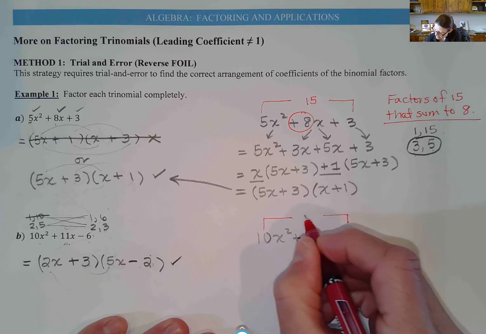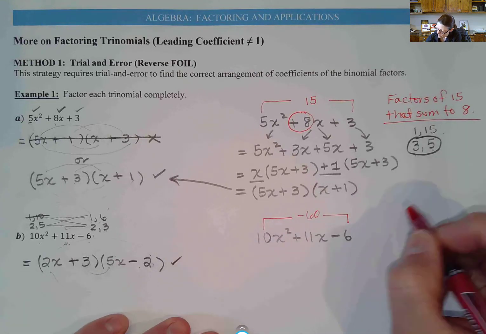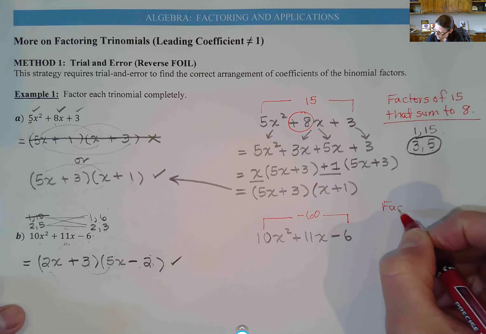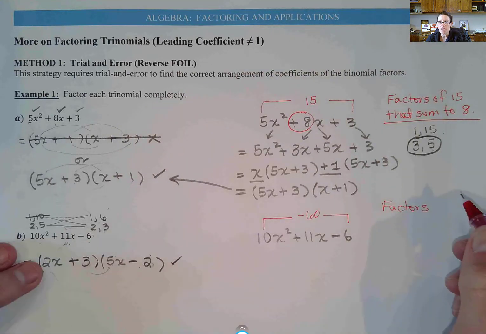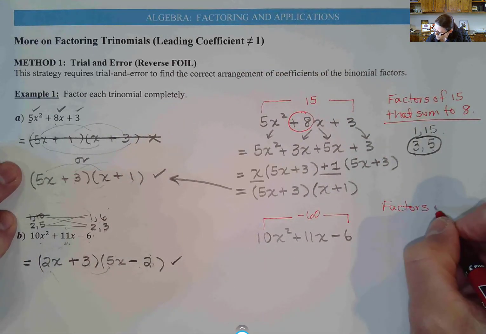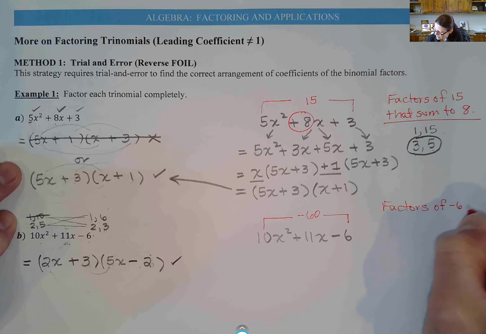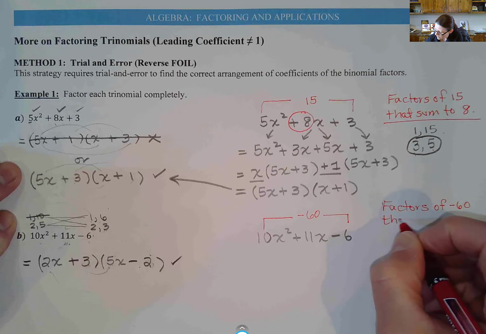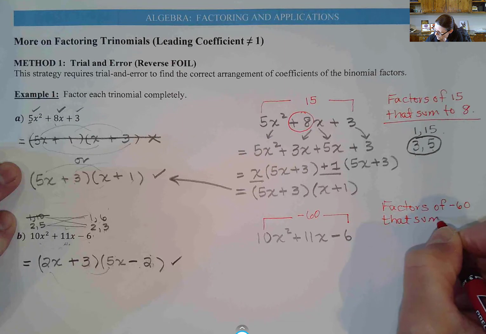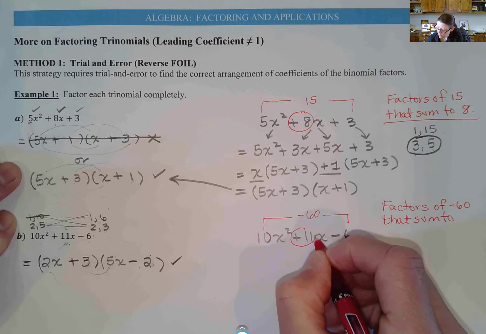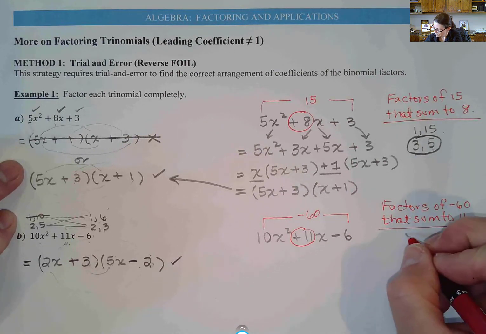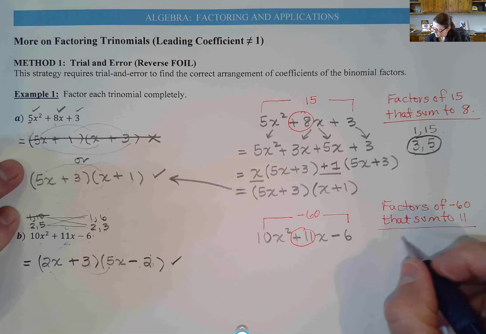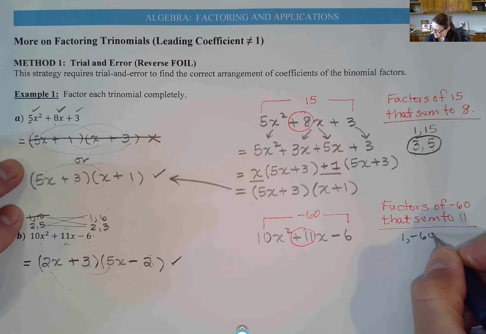Here's the only part where we're kind of using trial and error as we find factors of negative 60 that sum to that middle coefficient, 11. Now, negative 60, its factors must be differently signed, like 1 and negative 60 or negative 1 and positive 60. These aren't going to work. They sum to negative 59 and positive 59.